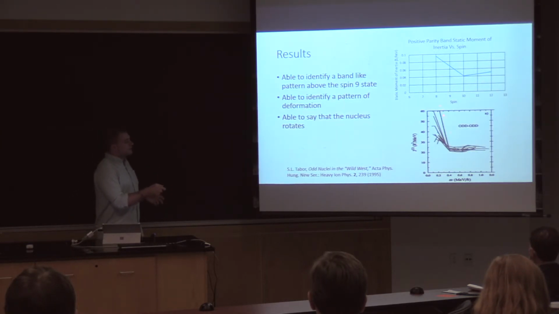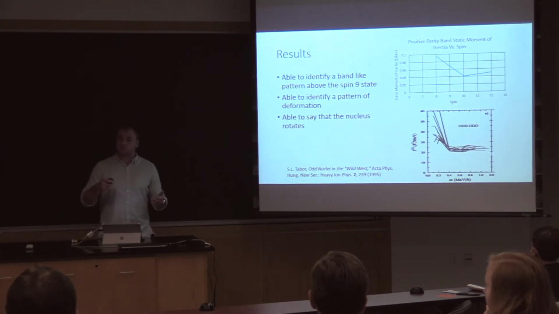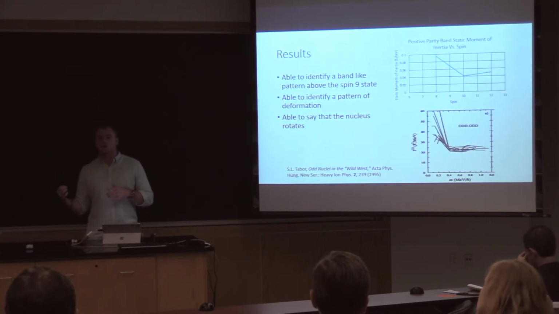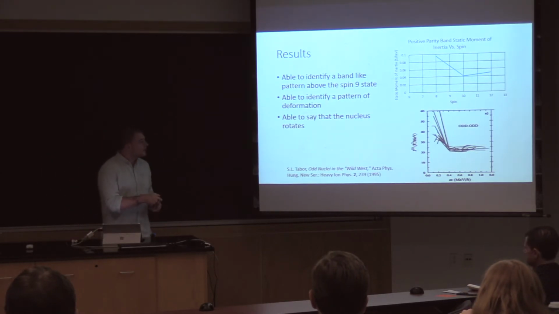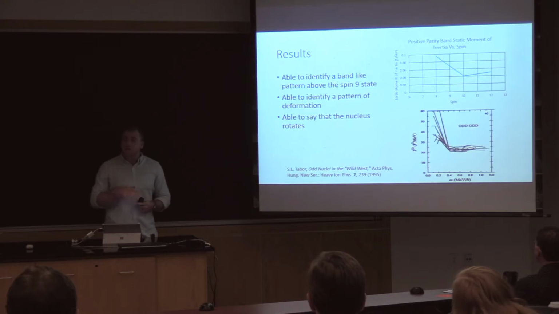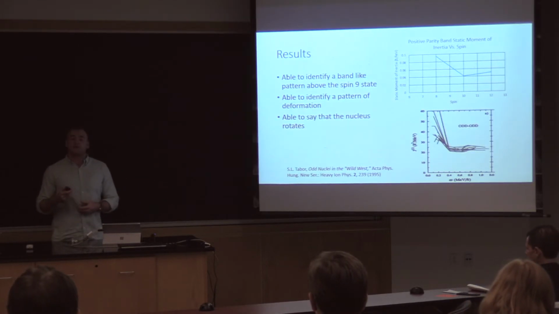Down here are graphs of static moment of inertia versus spin for many different odd nuclei that are known to rotate and are known to be deformed. Our graph resembles the shape that we've seen in the past, so we can pretty confidently say that our nucleus, gallium-70, both rotates and is deformed.